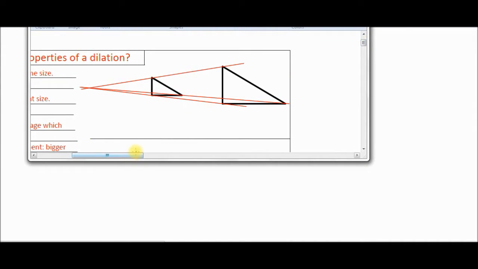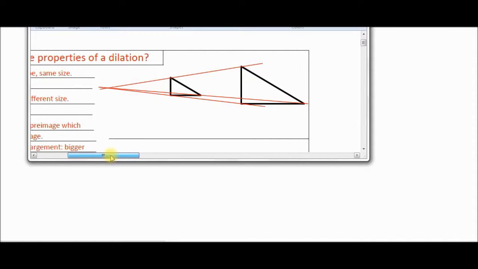Class, you're going to pause this video, and I want you to carefully take a straight edge and draw 3 lines, each going through corresponding vertices. Do it the same way you see on this paper.